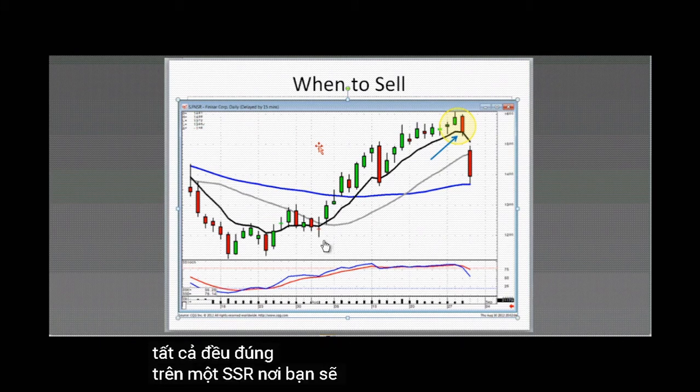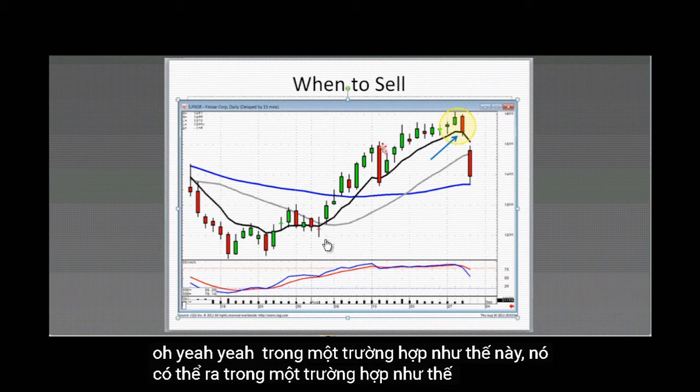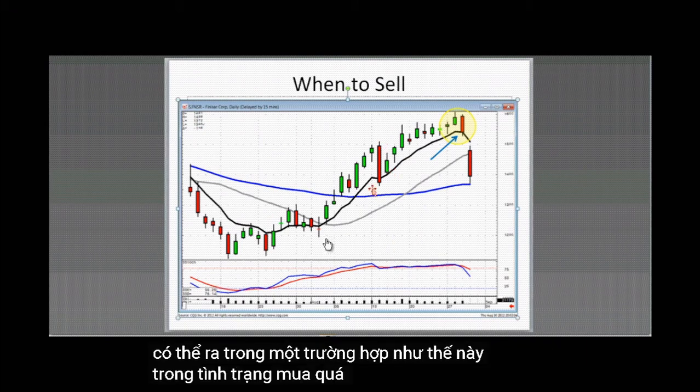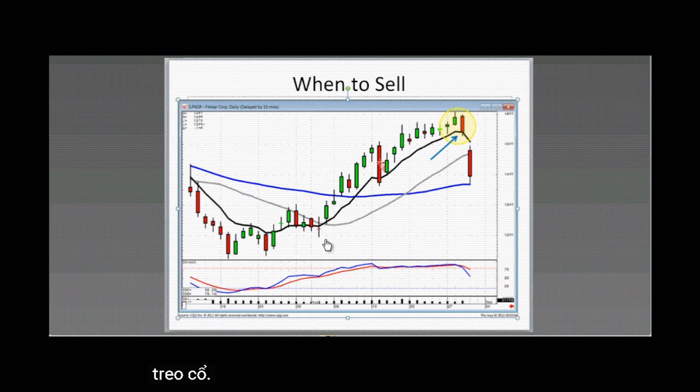All right. On an SFR, where would you have your stop? In a case like this, in an overbought condition with a little hanging man, it could have been out right here at the low of the previous day's hanging man, because that would tell me they were probably coming back to the T-line.